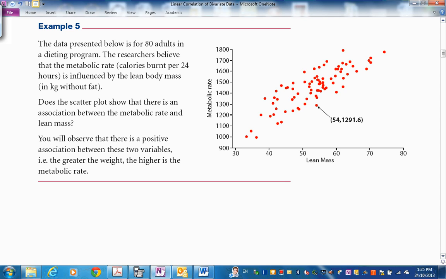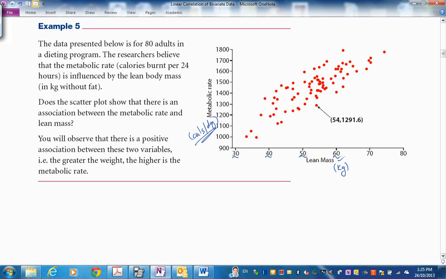Here we are, they've already done the scatter graph. This is the lean mass one that I used before. Lean mass of adults on a dieting program. So as the lean mass increased, and we haven't got units. That's naughty there. So that should be kilograms, and calories burnt, the metabolic rate, calories per day or per 24 hours.